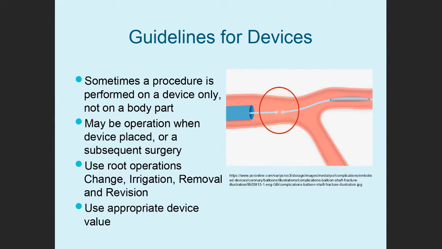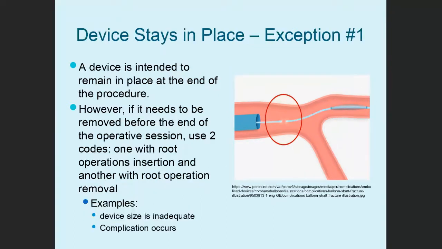As I mentioned at the beginning of this video, a device value is used when a device is intended to remain in place where it is being placed during the surgery and it's still there at the end of the procedure. There are, unfortunately, exceptions to this rule.